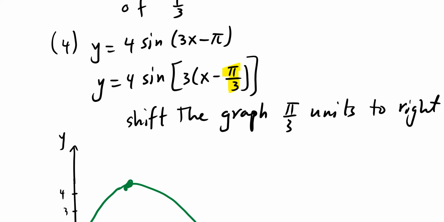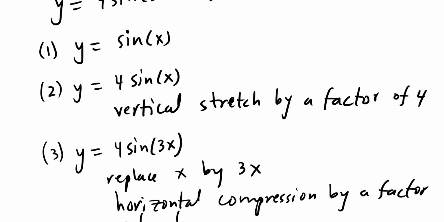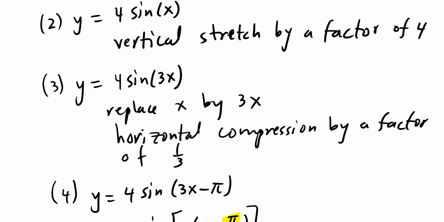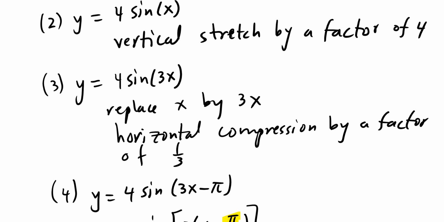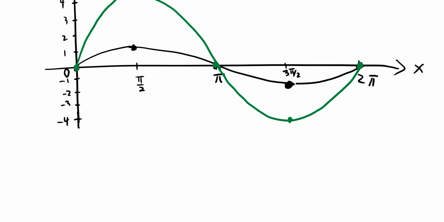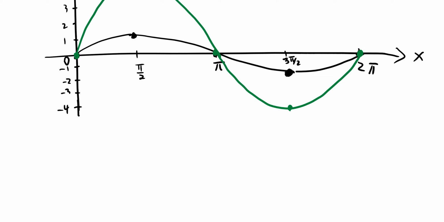Step 2 was in green. Step 3, replace x by 3x, a horizontal compression by a factor of 1/3. What does compression by 1/3 mean? The y values are going to stay the same. I'm doing horizontal compression, and horizontal has to do with the x values. How many x values do I have?